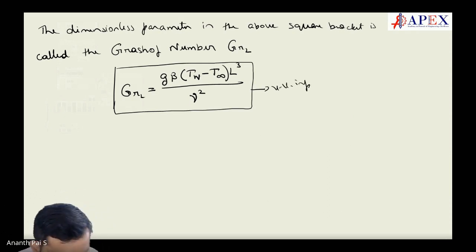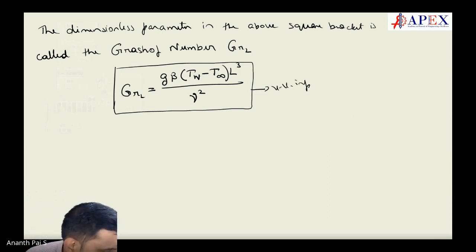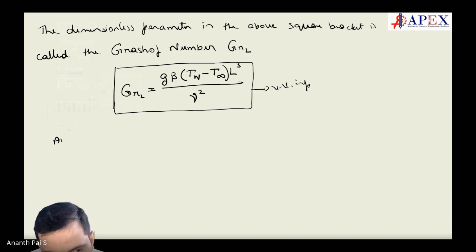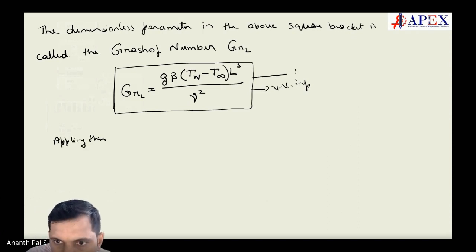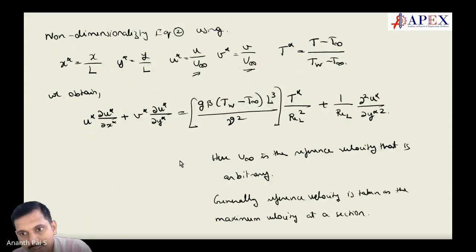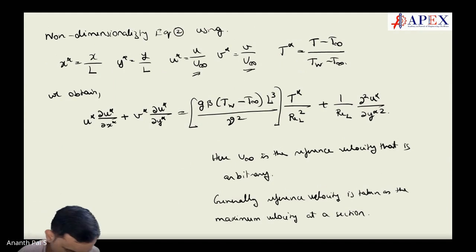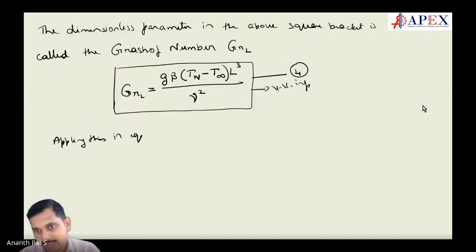Now, if you put this into the equation, applying this in equation, wait a minute, we have not put the equation numbers. Let us put this as 4, and let this be 5.